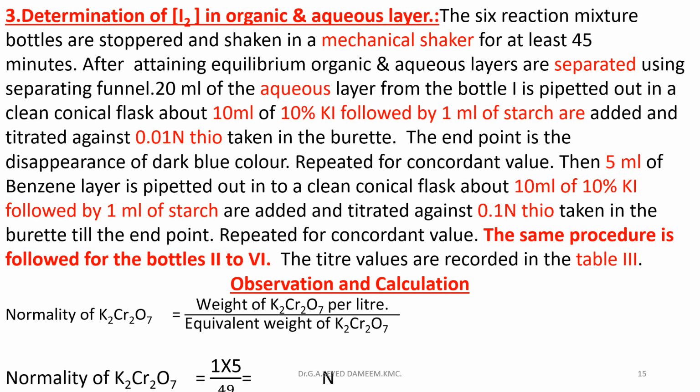The solution is titrated against 0.01 N thio taken in the burette. The endpoint is the disappearance of the dark blue color, and the titration is repeated for a concordant value.